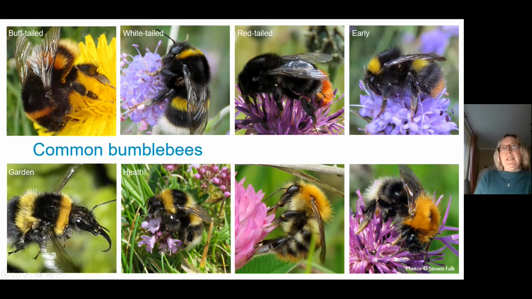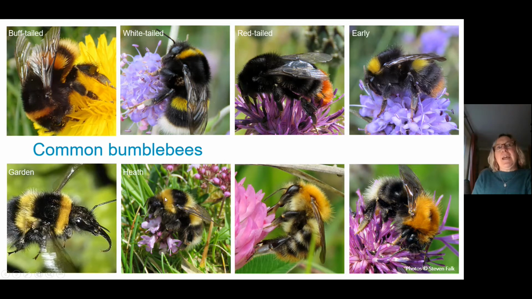Okay, moving on to the Heath bumblebee. Not quite as widespread as the others, but as this is a talk for a Welsh audience, if you are near some hills or mountains and the uplands or coastal heath, the Heath bumblebee loves heather. So it's very closely associated with heathlands.